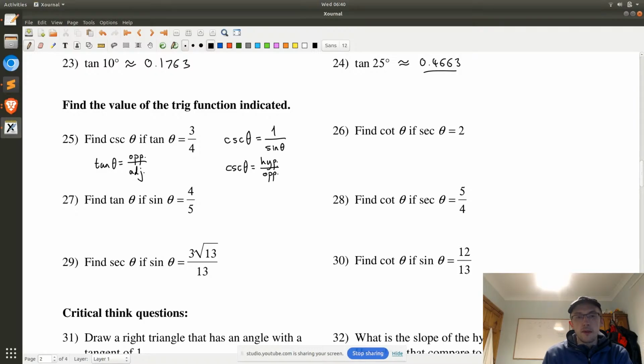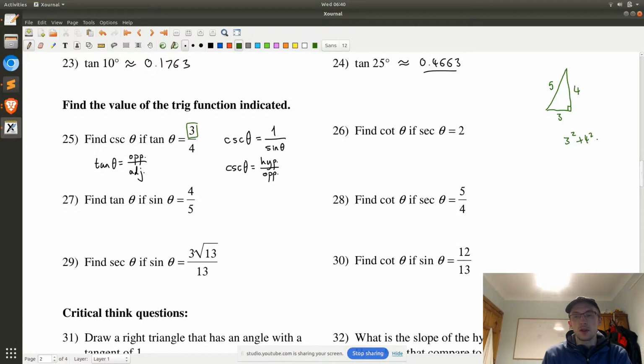So it seems as if we're stuck, right? We've got the opposite side. It must have a length of 3. But we don't have the hypotenuse. So what do? We remember the Pythagorean theorem. In this case, it's particularly easy to recognize because of familiarity with the 3-4-5 triangle, that very special right-angled triangle whose legs have a length of 3 and 4 and whose hypotenuse has a length of 5.